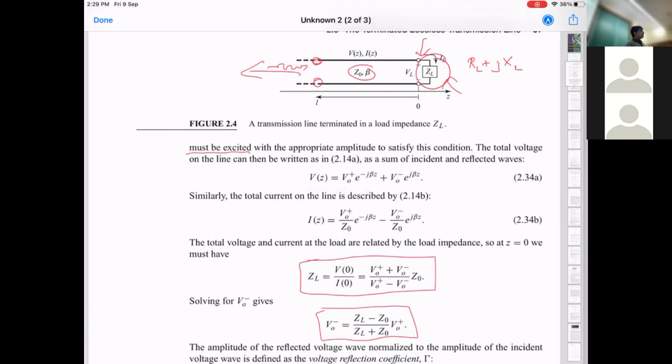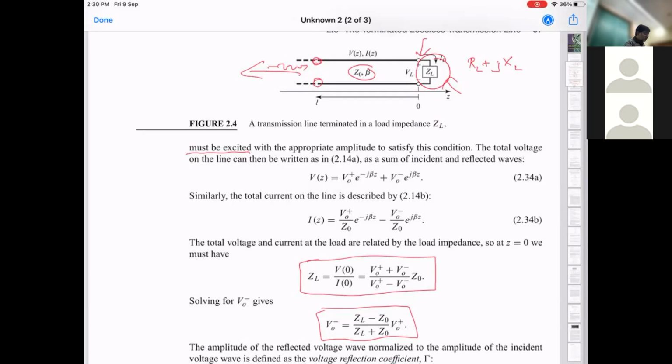At any point, the ratio of the voltage and the current amplitudes is related to the characteristic impedance; it has to be equal to the characteristic impedance. But at the end, when this transmission line is terminated with this load, the boundary conditions here are changed. The voltage and the current ratio can no longer be Z0, right?